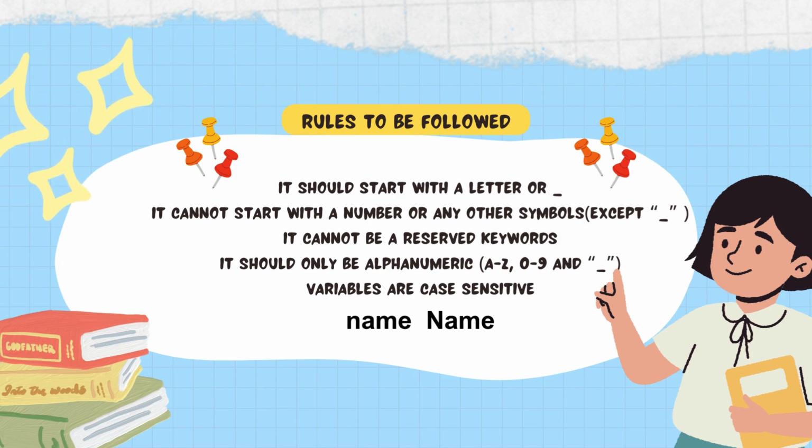It cannot be a reserved keyword in any programming language. It should only contain alphanumeric characters and underscores, that is, alphabetic letters from A to Z, numbers 0 to 9, and underscore. And variables are case sensitive. Name and name with different capitalization are different.